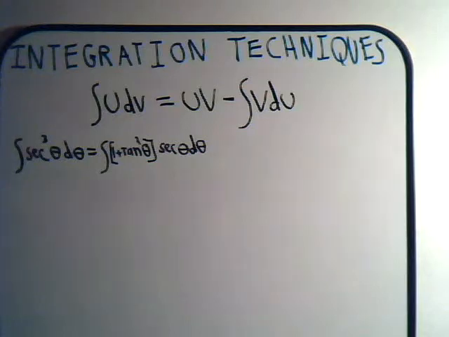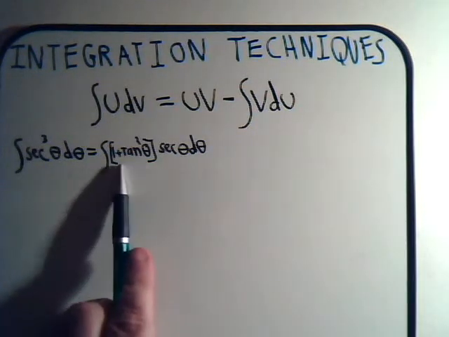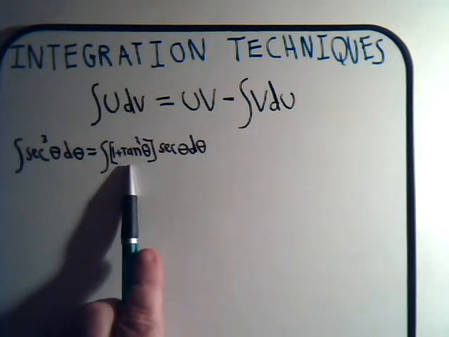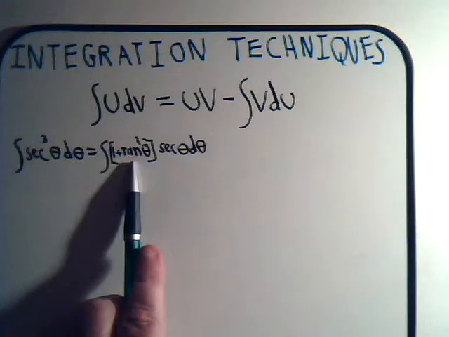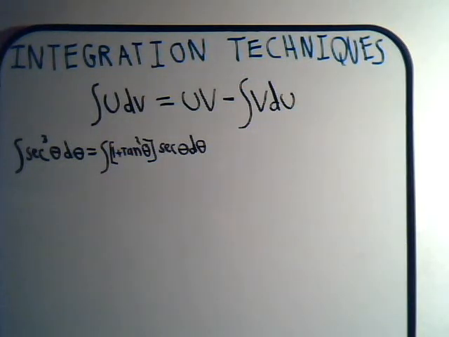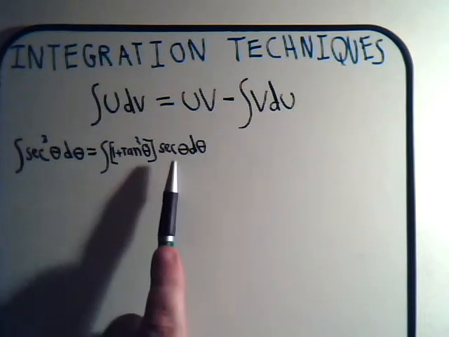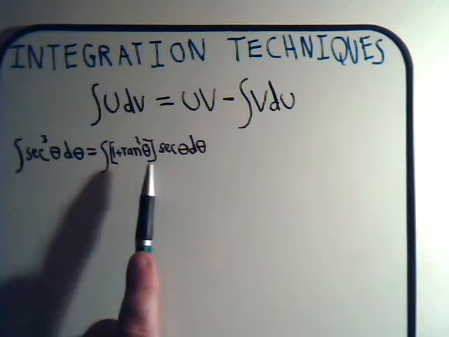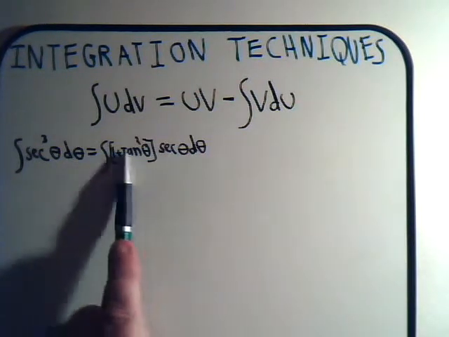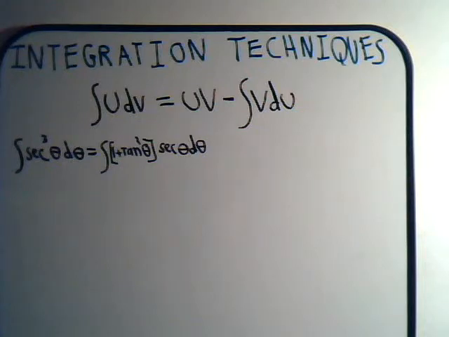If I say let 1 plus the tangent squared of theta be equal to u, du would equal 2 times the tangent of theta times the secant squared of theta. That substitution won't work. If I say let u equal this, du would be the secant of theta times the tangent of theta. That substitution won't work.